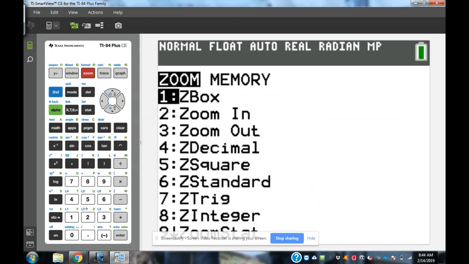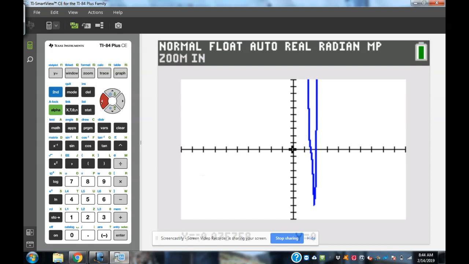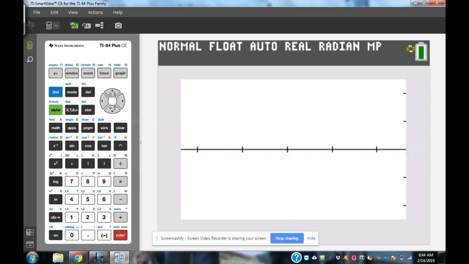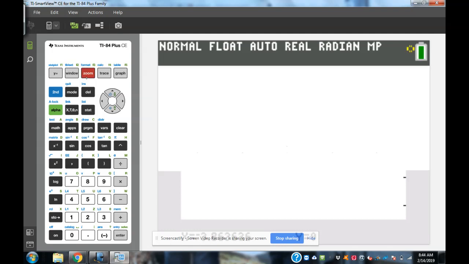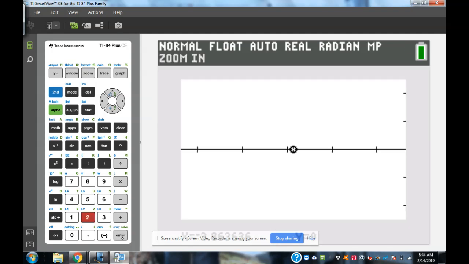I'm going to scoot over here toward negative 4, somewhere close to that, and see if I can zoom into that spot and see what's happening, because I know there should be something happening there. Huh. Well, let's do it again. Oh, wait. There's a hint of a line there.